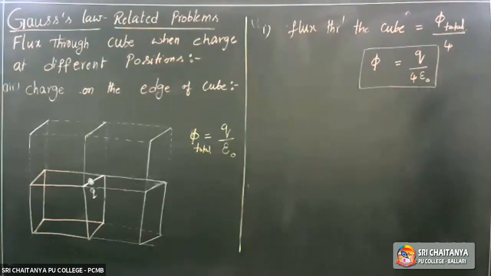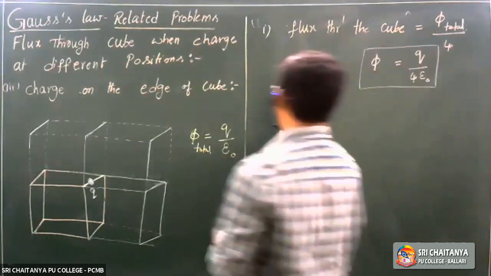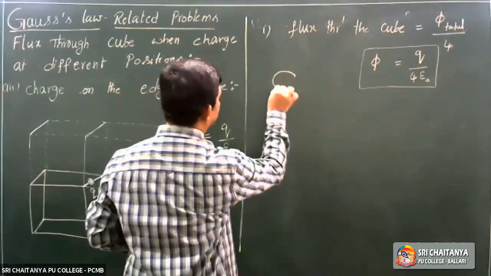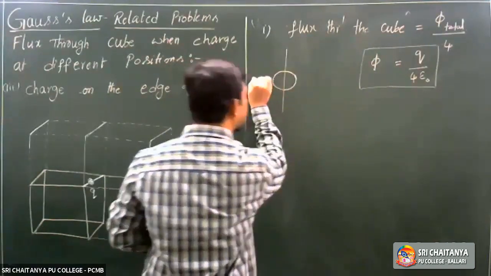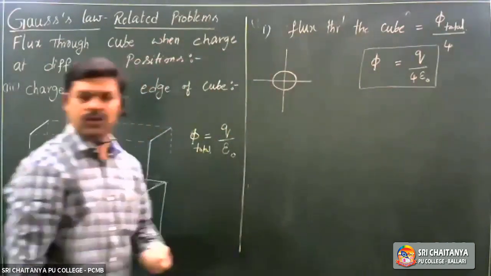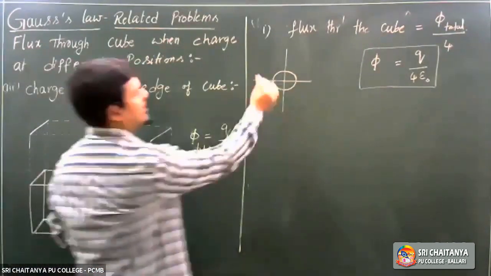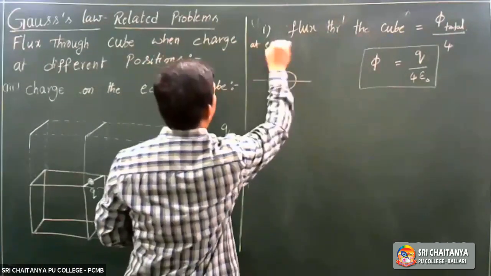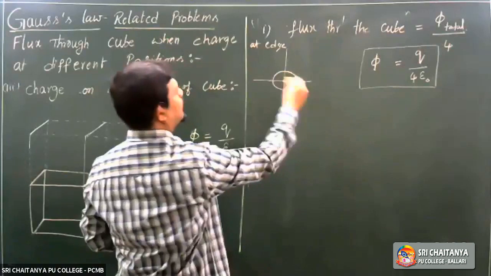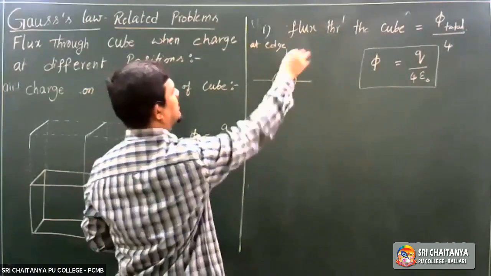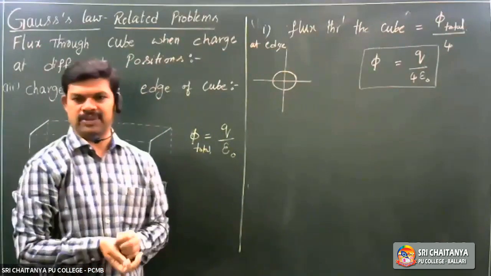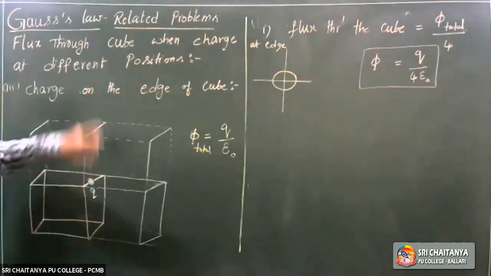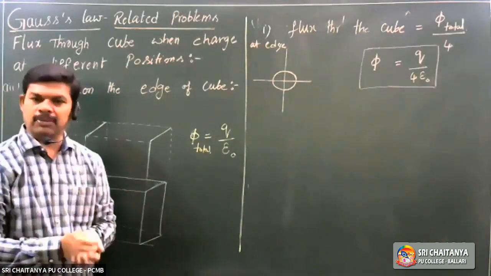That's it. To remember it easily, whenever the charge is kept at the edge, it is shared by 4. Remember this. At edge, it is shared by 4. In the same way, its flux becomes 4 times. The flux through this cube is Q by 4 epsilon naught.